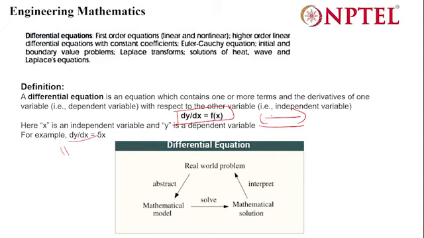After solving it, you interpret what the real answer will be. Examples are the heat equation and laws of heat, which are all based on differential equations, or the wave equation. Those problems are converted into a differential equation, we solve it, and then we interpret the answer for the real world problem.